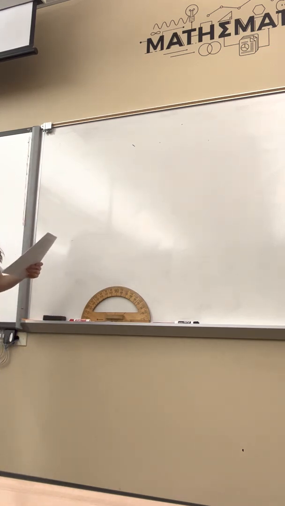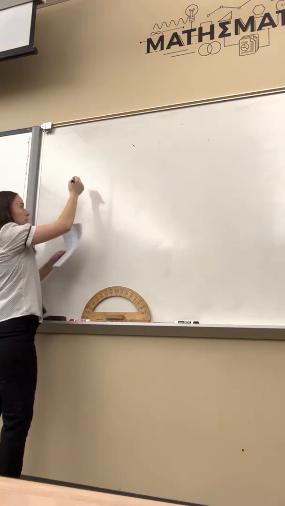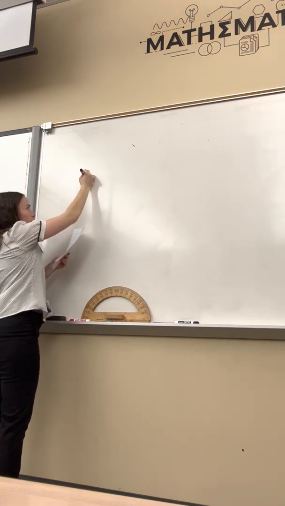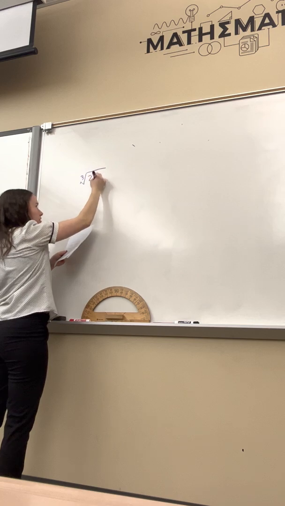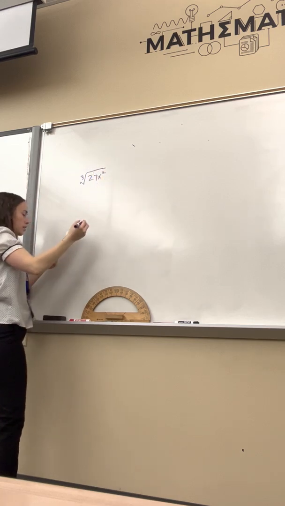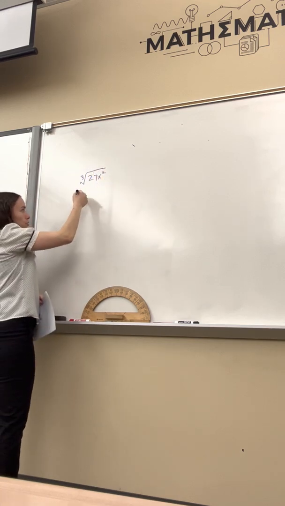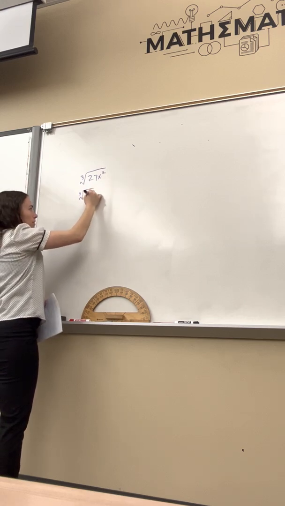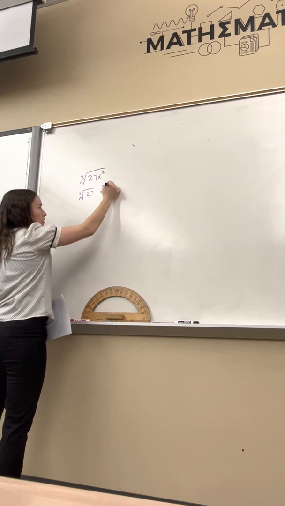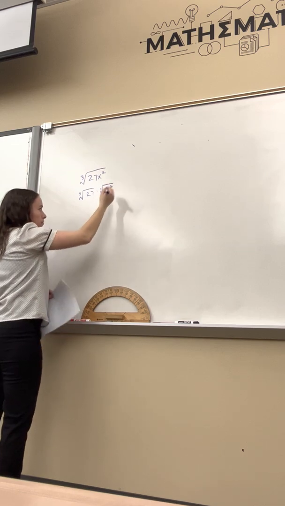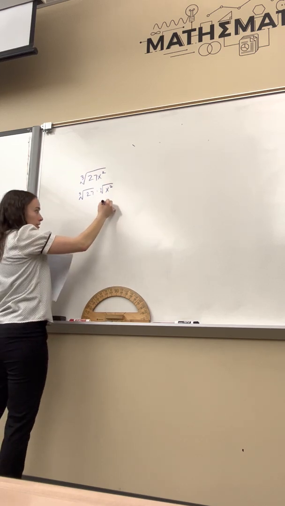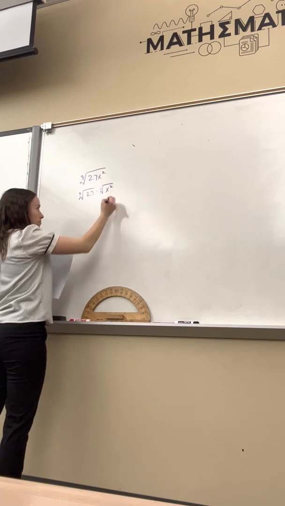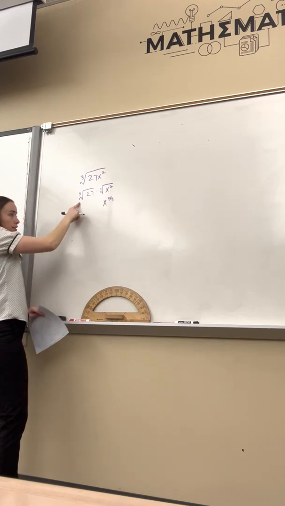All right, the next one is the 3rd root of 27x squared. We want to rewrite this. We have something being multiplied in here, so the 3rd root of 27 times the 3rd root of x squared. Well, we know that this one gets rewritten as x to the 2/3. Now this is kind of weird.